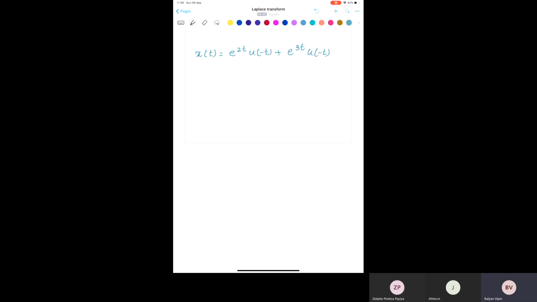Try this question and then I will ask each of you separately, what's the answer and what's the region of convergence? Please try it, don't waste time. I'll ask around after 6 or 7 minutes. Okay.